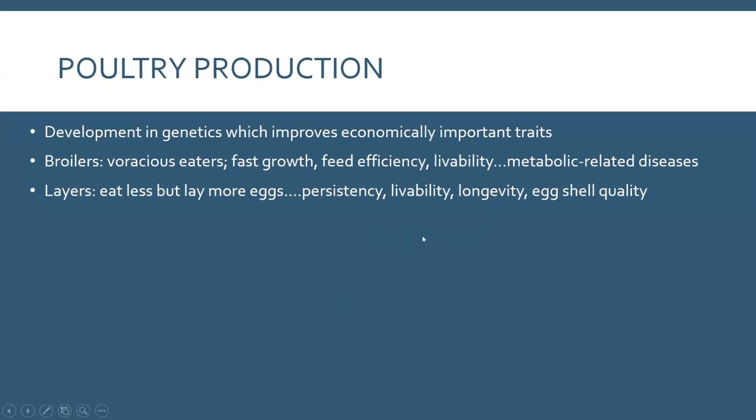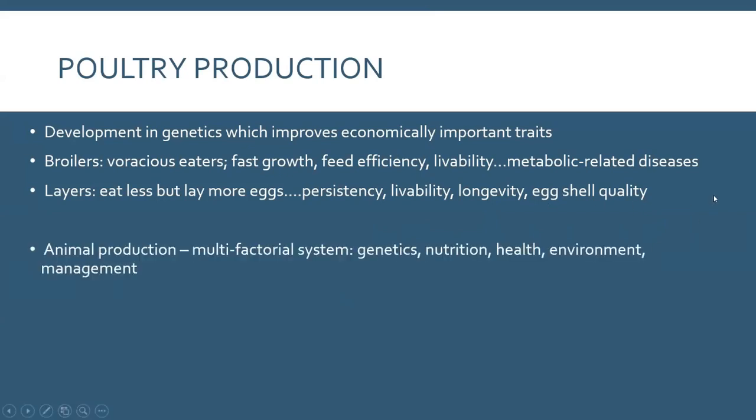And then we want to maintain at least longevity and livability. The longer we can keep these layers or these hens, the longer we can get eggs from them, of course, and the more profitable business we can have. And of course, we also focus on eggshell quality.